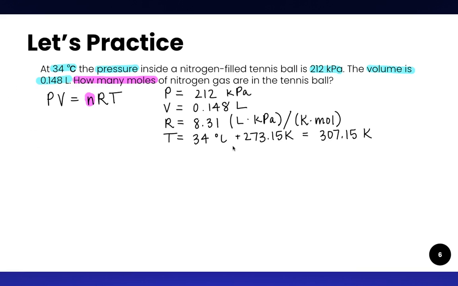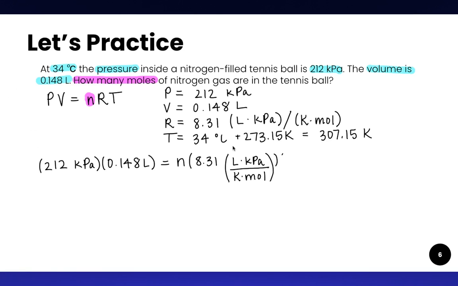Okay, now let's plug everything into our equation. And I'm going to write this unit out stacked so you can kind of see it a little better. And then our temperature, this value by itself.